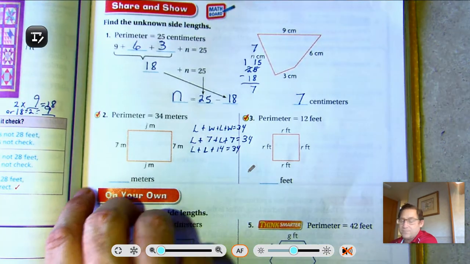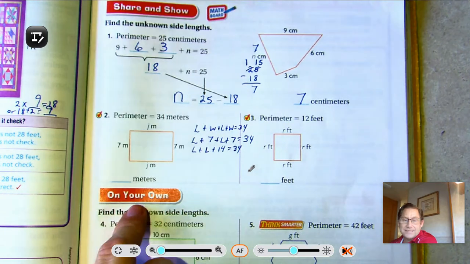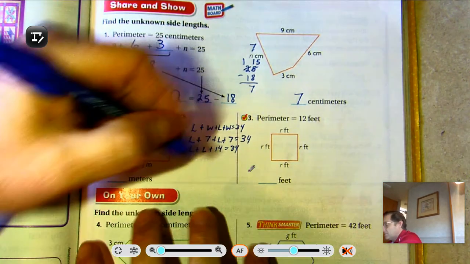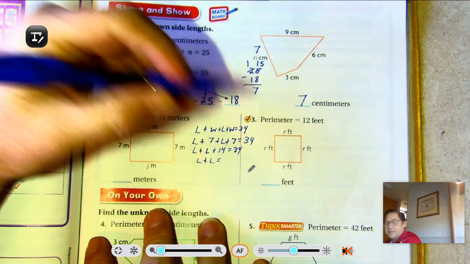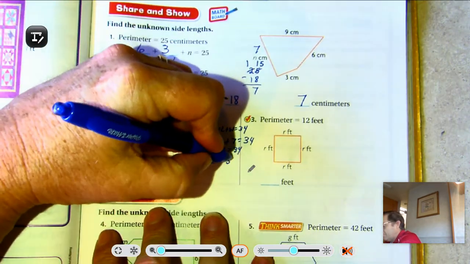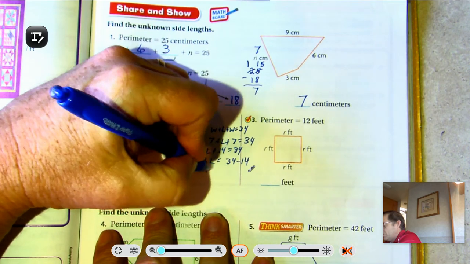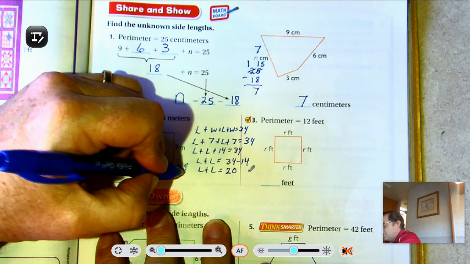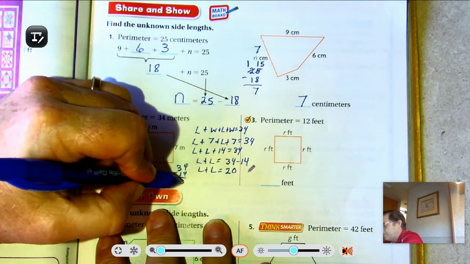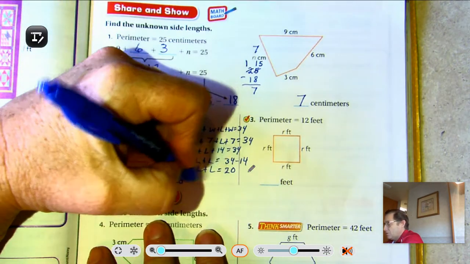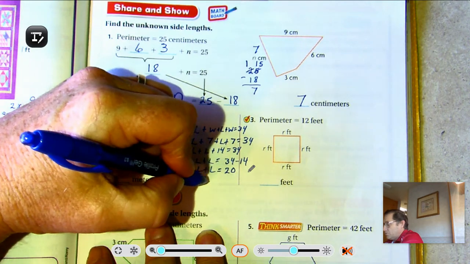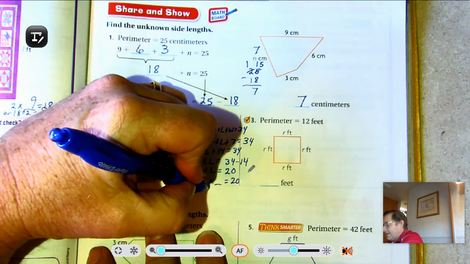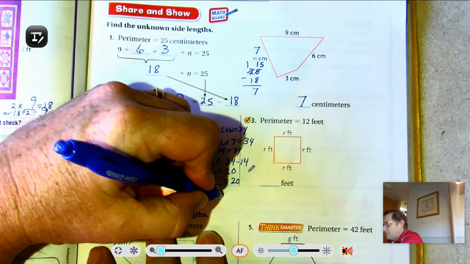So 14 plus the 2 unknown sides has to be 34. So subtract the known information from 34. So the 2 lengths have to equal 20, because 34 take away 14 is 20. So 2 times what equals 20? Or we can say 20 divided by 2 equals what?